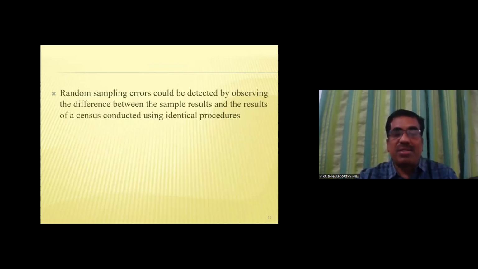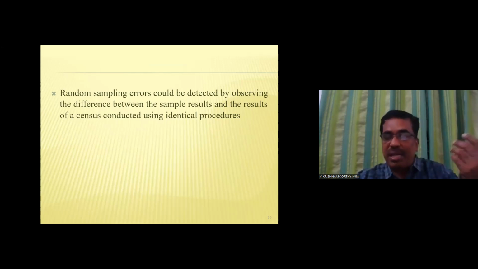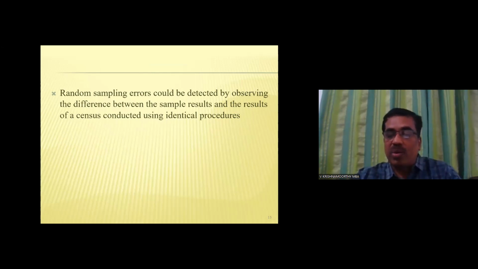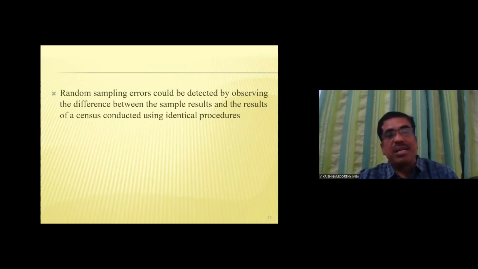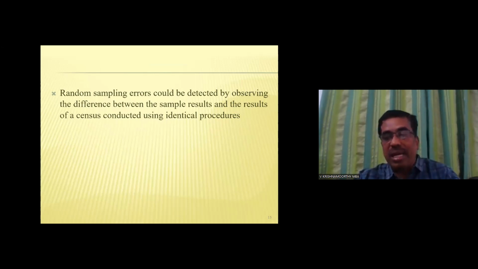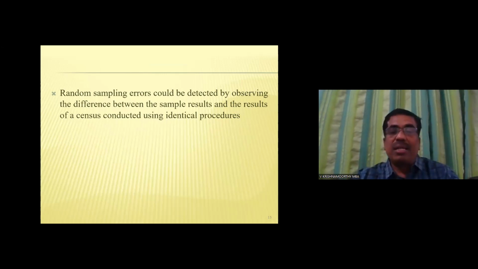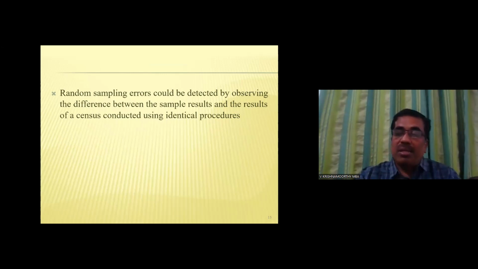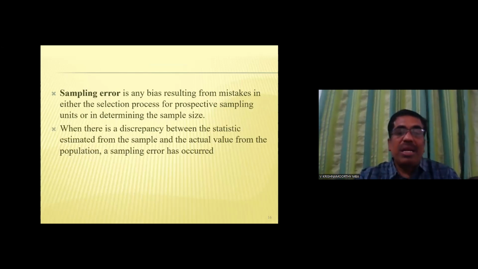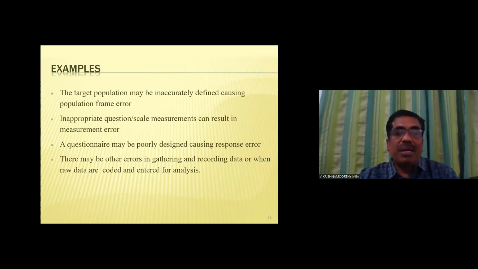Already we discussed this very elaborately, even in the research design itself. If any error arises on account of usage of a sampling method, this is said to be sampling error. If any error arises from something other than the sampling method, this is said to be non-sampling error.